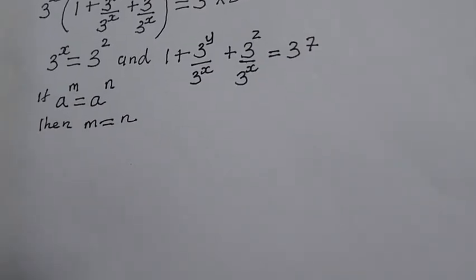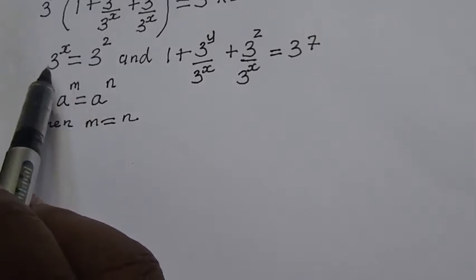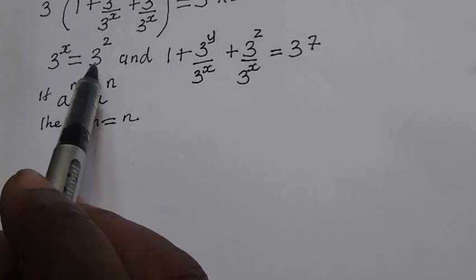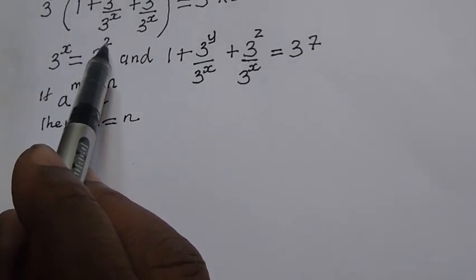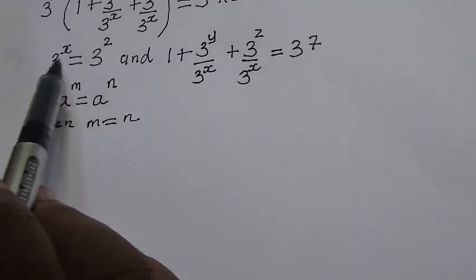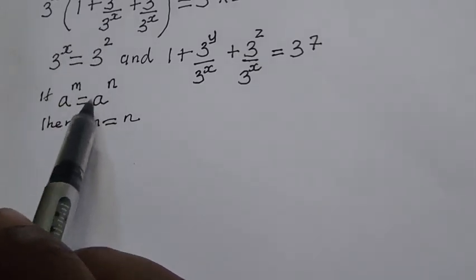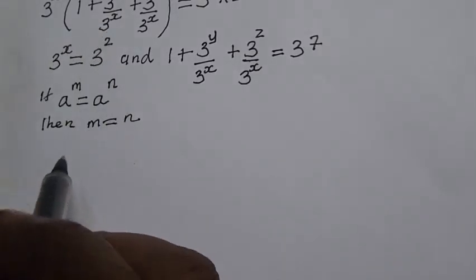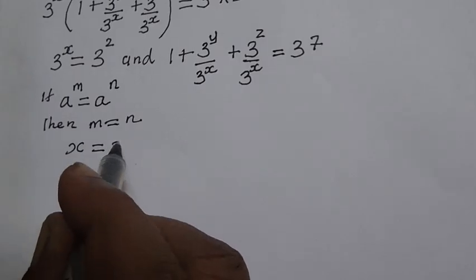In our case here, the base here is 3, the base here is 3, the exponent is x, and here the exponent is 2. So since they have the same base, the base of left-hand side equals to the base of the right-hand side. Therefore, their exponents are equal. So x equals to 2.